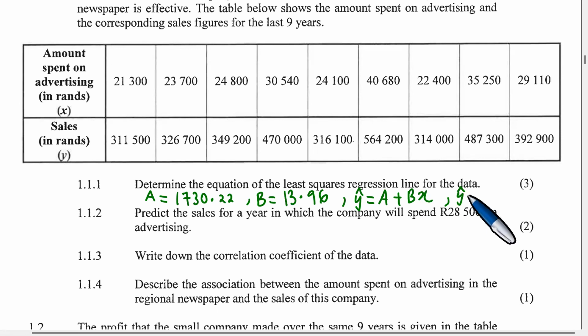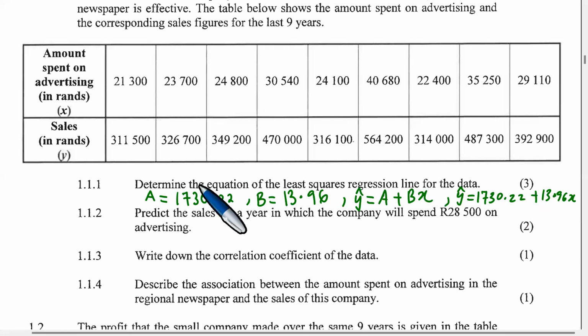So we have Y hat. What is A? A is 1730.22. B is 13.96 X. And this is the answer. They said the equation of the least squares regression line, and that is the equation.